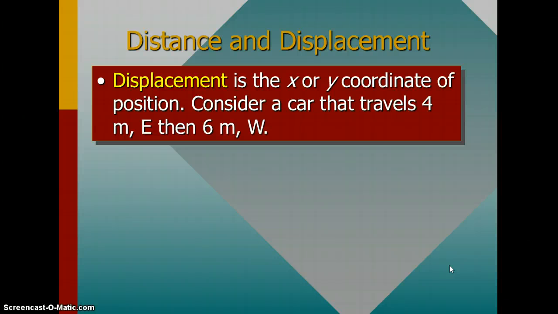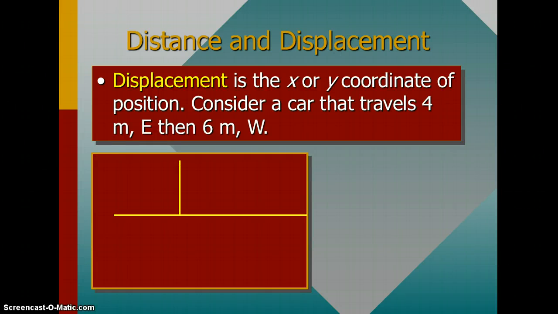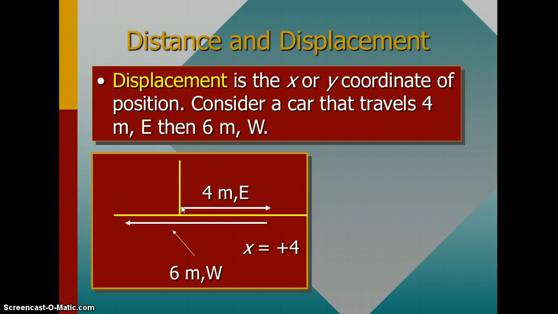Consider a car that travels 4 meters east, then 6 meters west. All right, so we have our Cartesian plane right here, and the car travels 4 meters east, and 6 meters west. Once he got to the 4 meters east, he travels back 6 meters west. So what happens right here?